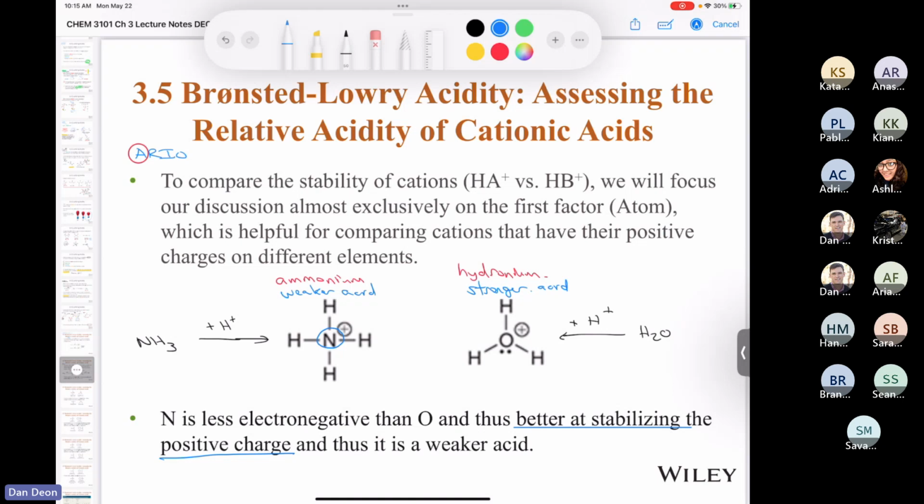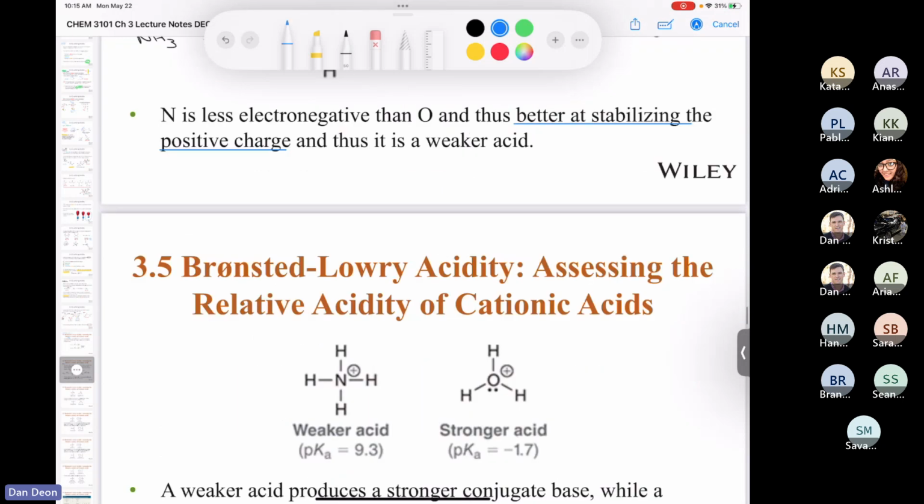So there we go. So we use atom to distinguish between the relative acidity of these two cationic acids, the ammonium ion and the hydronium ion. Again, to repeat, whichever element is less electronegative is going to be better at stabilizing the positive charge, and therefore it's going to be more able to hang on to the proton, and therefore it's going to be the weaker acid.